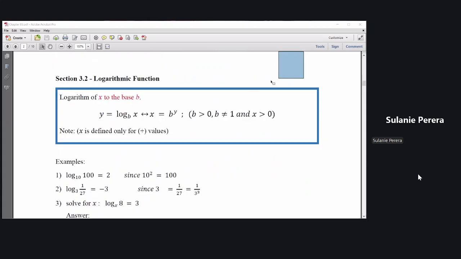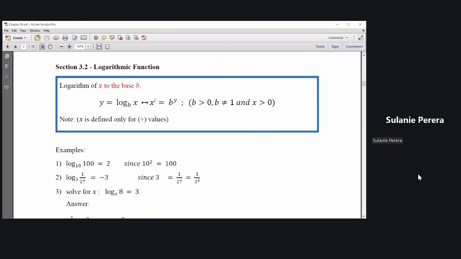Logarithmic function. So what are log functions? So if you have y equals log base b of x, this can be written as x equals b to the y. Example, log base 10 of 100 equals 2, right?